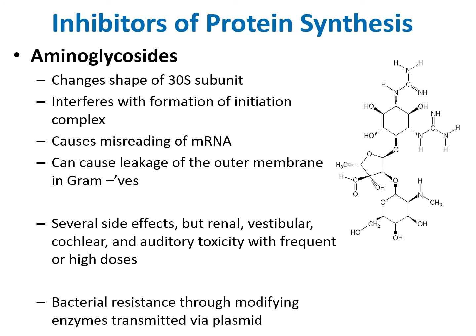Now, when it comes to your aminoglycosides, remember I told you that the therapeutic dose is really close to the toxic dose? Well, it turns out that there are a lot of side effects when you actually get close to that toxic dose. So you could find in your patients renal failure, so that's kidney failure, vestibular and cochlear toxicity.